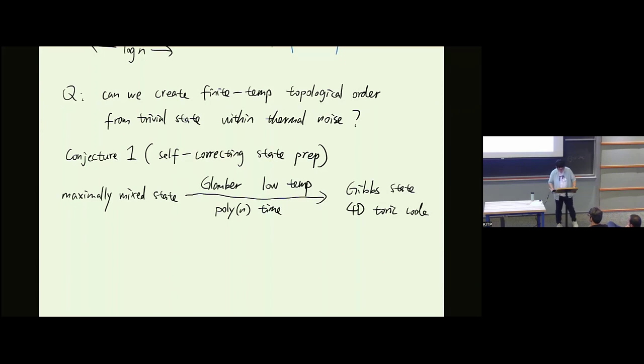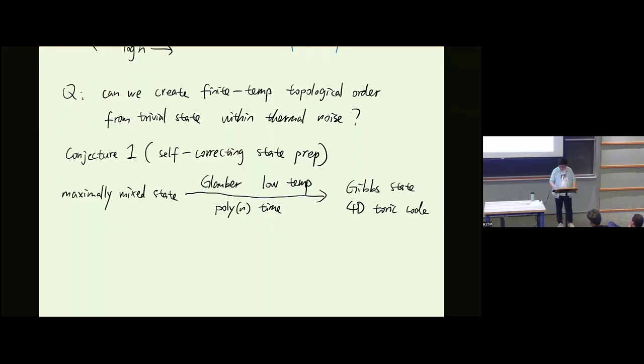Let me clarify that the polynomial time actually cannot be made faster, unlike previously. Previously, we were saying that starting from the ground state, it converges to the memory state in polylog time. But this has to be polynomial because the left-hand side is trivial and the right-hand side is topological order. So you need polynomial time. And from the physics perspective, this is absolutely remarkable, right? Because this is saying that we just do quench dynamics. The maximally mixed state can be understood as the infinite temperature state.